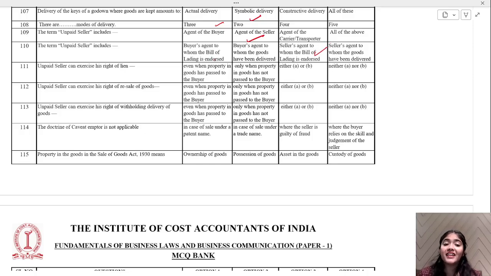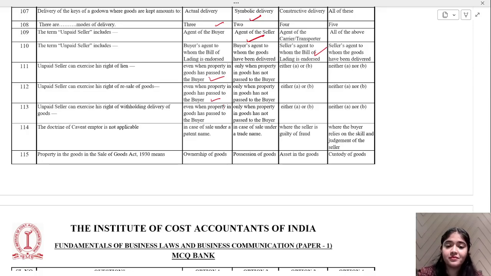Unpaid seller can exercise his right of lien even when property in goods has passed to buyer, only when property in goods has not passed to buyer, either A or B or neither A or B. Even when the property in goods has passed to buyer. Option number 1. Unpaid seller can exercise his right of resale of goods, when can he exercise it? Even when property in goods has passed to buyer.